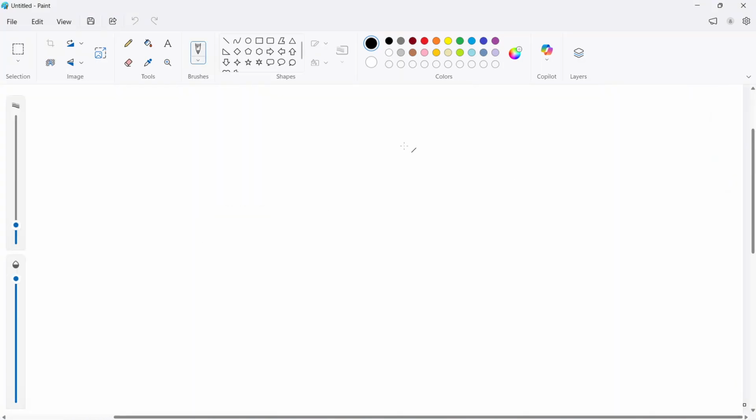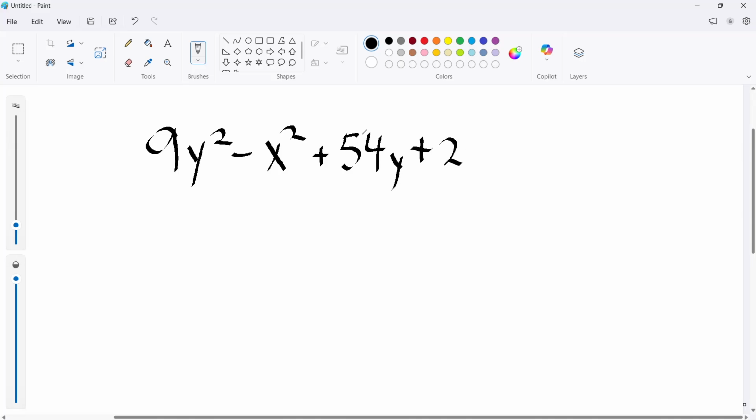So 9y squared, I want this in black, 9y squared minus x squared plus 54y plus 2x plus 62 equals 0.